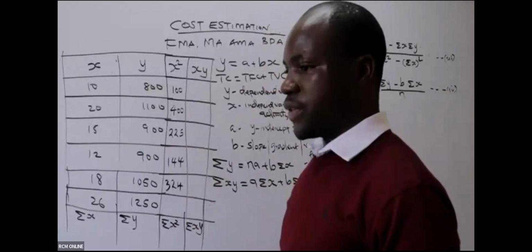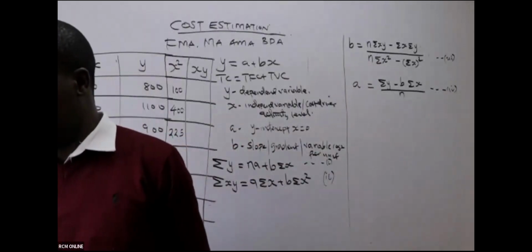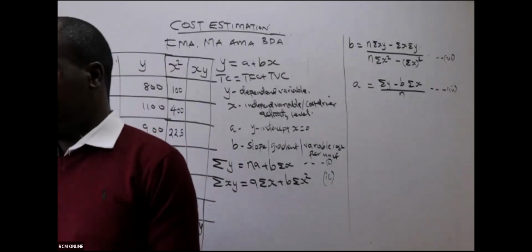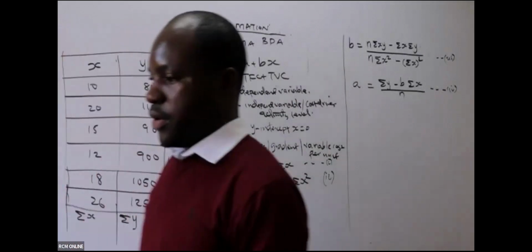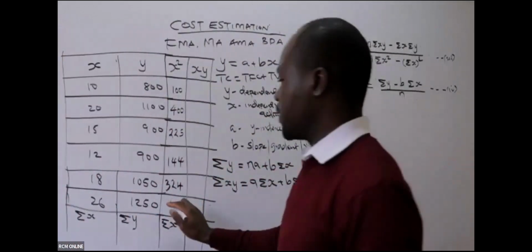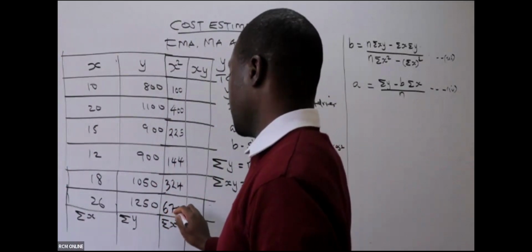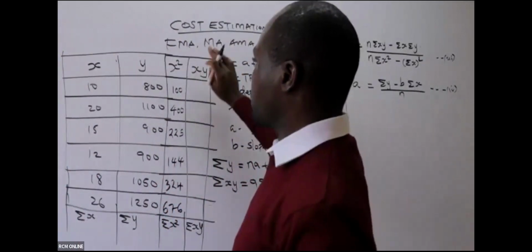And then 26 squared, somebody? What are we having there? 26 squared is 676. Good. So let's come to this part and check XY.